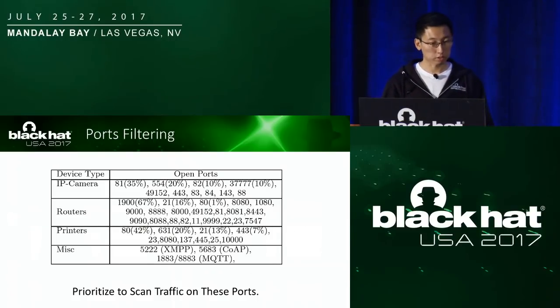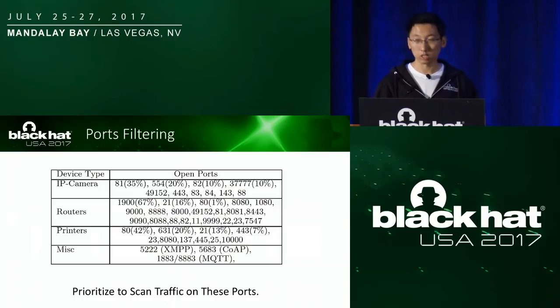Another customization is the port number. We do not want to scan all of the ports, because an IoT device may only expose several of them for interaction. For example, around 70% of routers open port 1900 for the UPnP protocol, to facilitate devices and programs discovering the routers and their configuration.